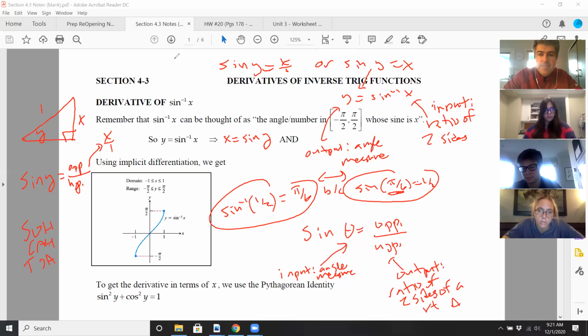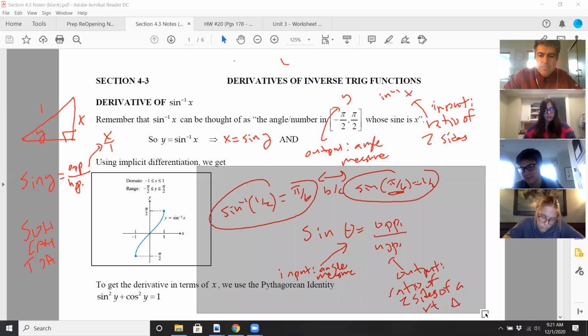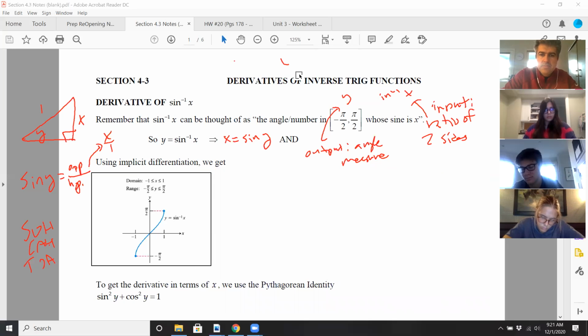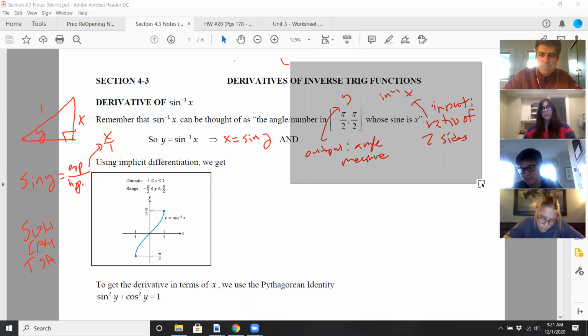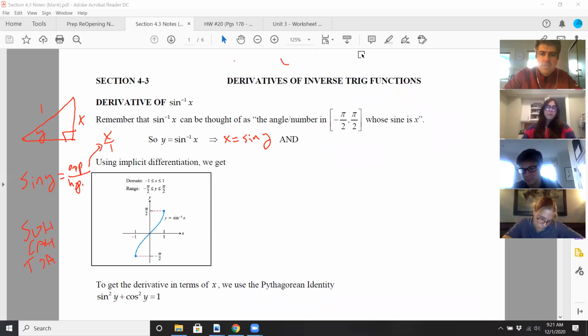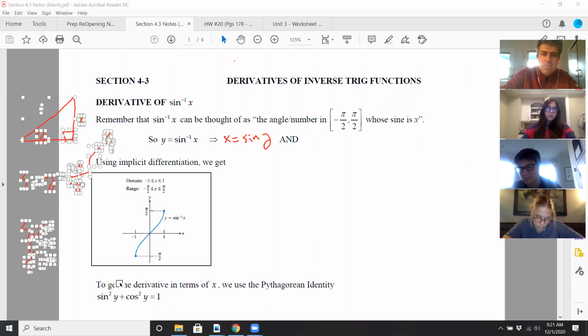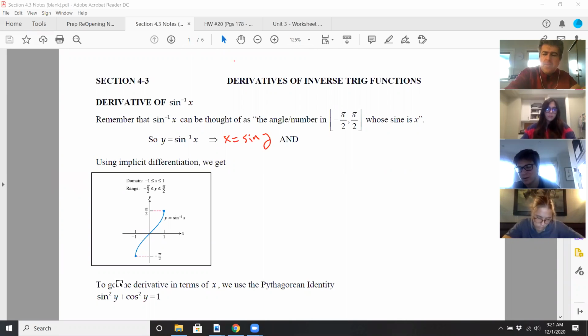Let's do it. So let me clear some of the stuff here. Okay, so I'm not sure why there's an extra mark here, but let me just cross that off.